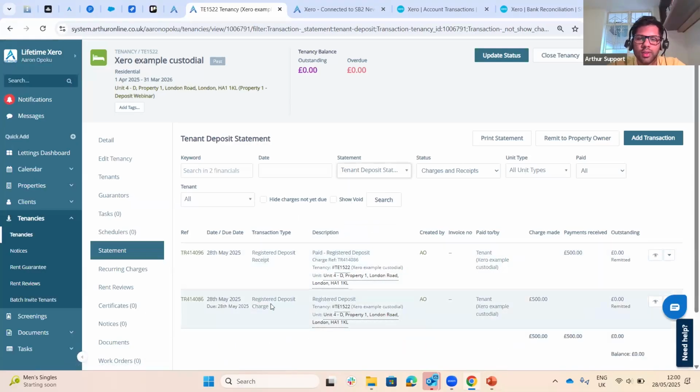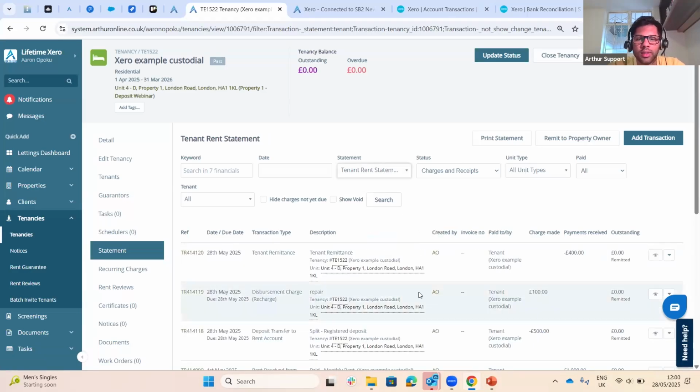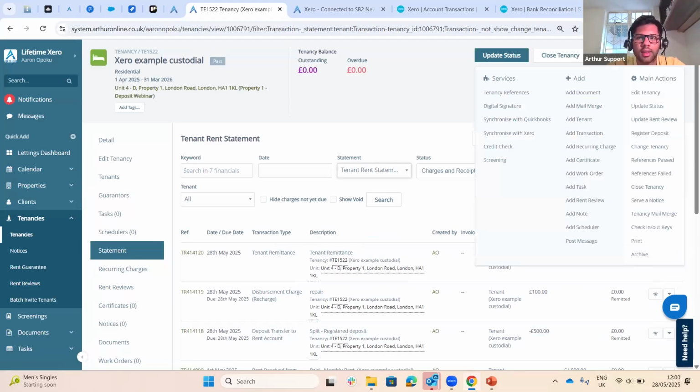In the deposit statement, you would still have that £500 deposit you initially received. And in the tenant rent statement, you wouldn't have closed the tenancy because you're just renewing the tenancy. So you're just adding a new period for that new tenancy. In that case, you would then carry out raising the rents in the new renewed tenancy. And then when the deposit is to be refunded, you would carry out that same process of closing the tenancy. So that's if you renew the tenancy here.